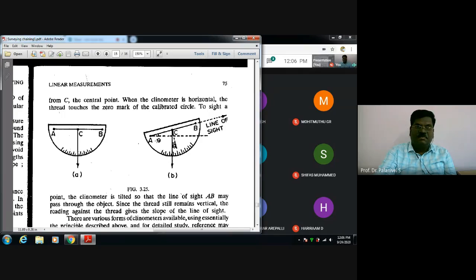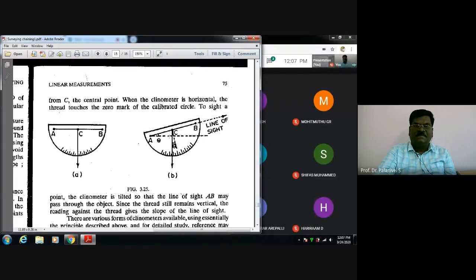Since the circular arc is graduated, you can measure the angle here, theta. How do you get the angle made by AB with the horizontal? Instead of measuring the angle made by AB with the horizontal, you are measuring the angle between their perpendiculars.